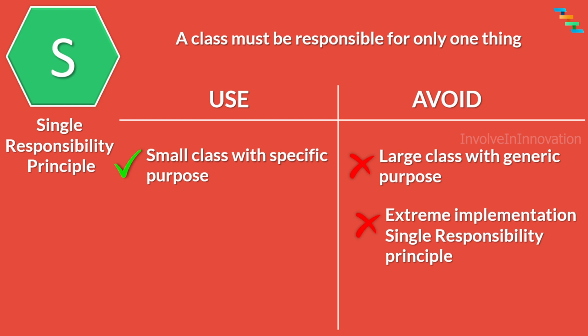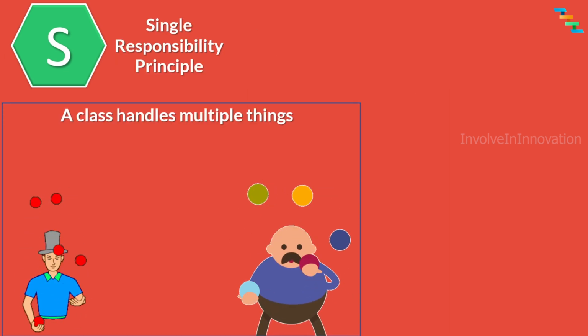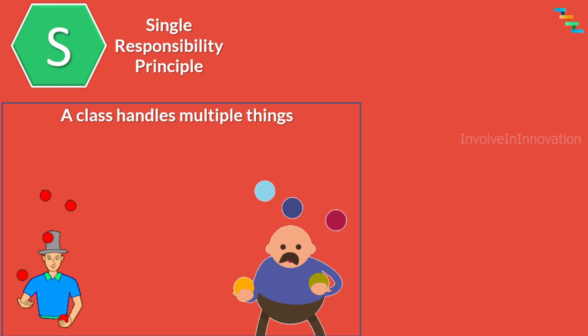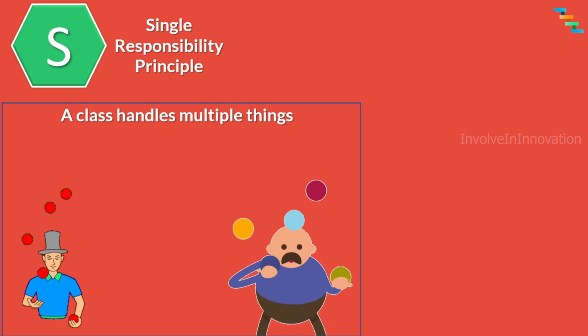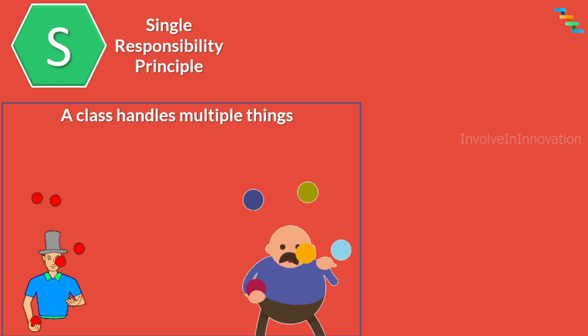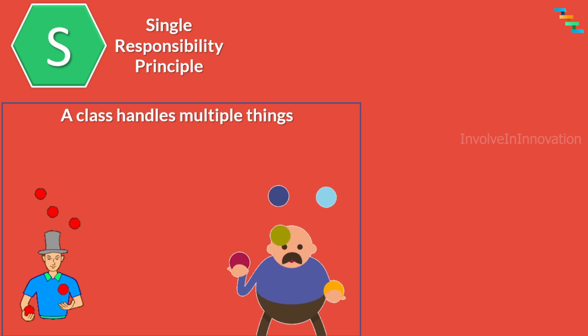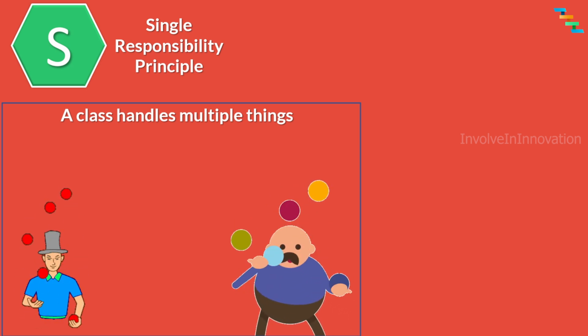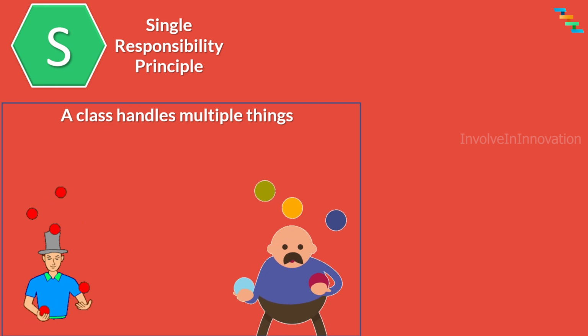For this, I will use a particular analogy. I am taking two different images here. One person juggles n number of balls, and it is really difficult. A person can't juggle more than n number of balls. If I want to change a small thing here and there, that becomes more and more difficult to manage, because a single class handles multiple things.